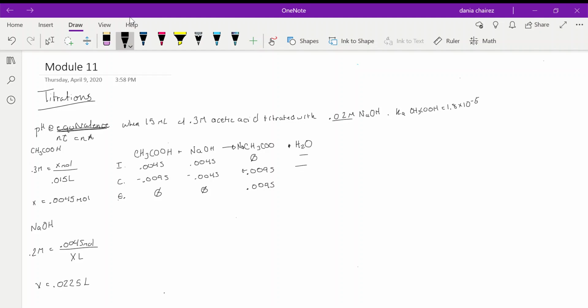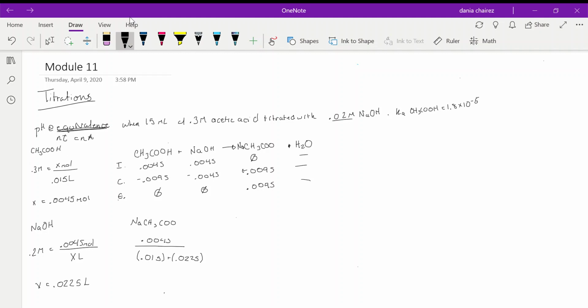So we have to do something different here, but first we are going to convert it back to concentration. There's only one thing we can convert to concentration, and that's our sodium acetate. So we're going to do 0.0045 divided by total volume, which is 0.015 plus 0.0225.